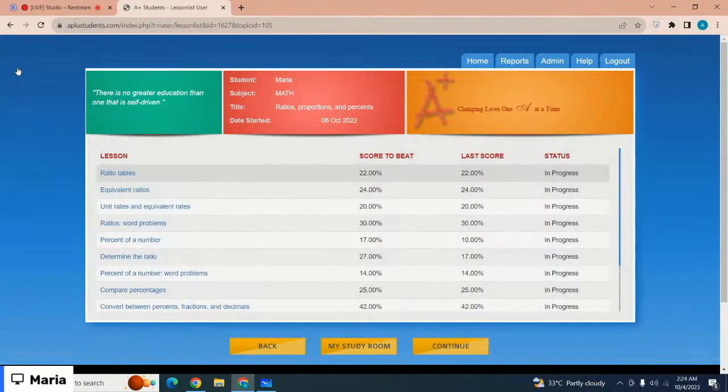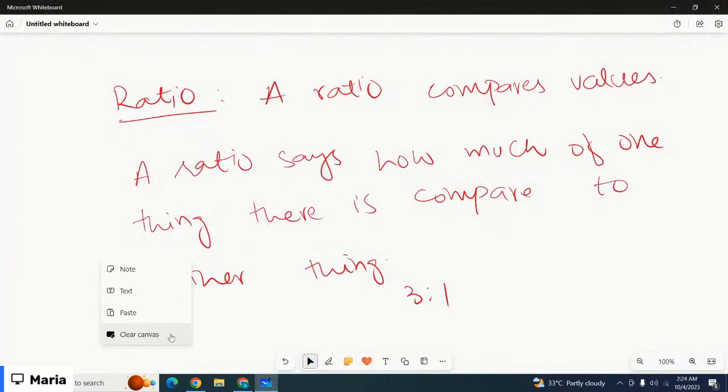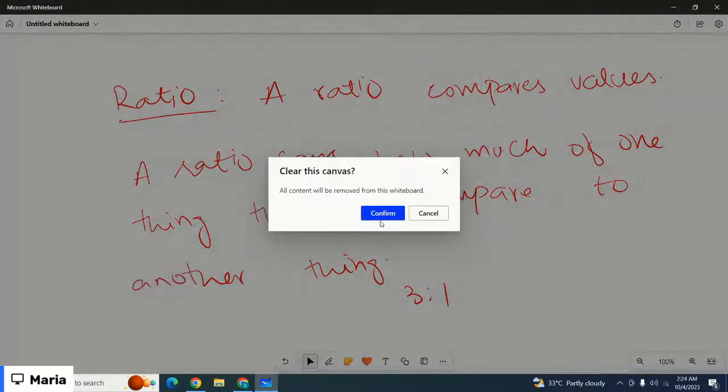So how do we compare percentages? What do you know about comparing percentages? Okay, let's just see how we compare percentages.